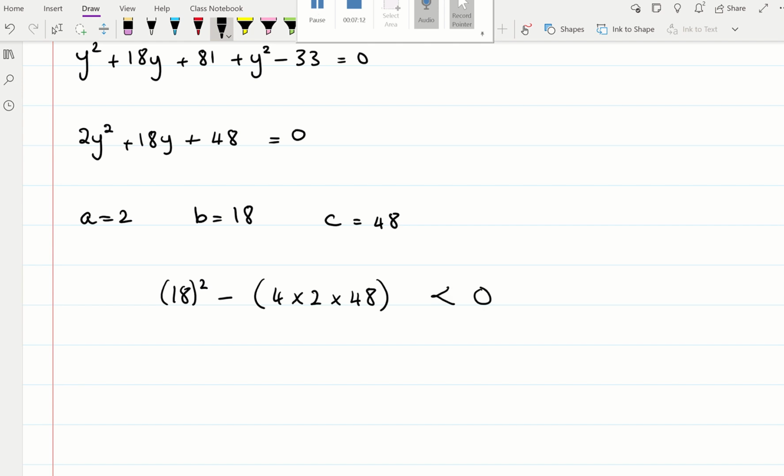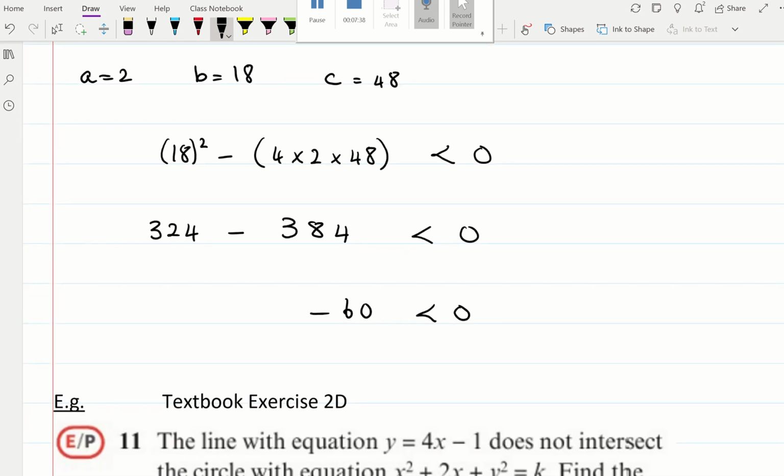Is it going to be a negative number? 18 squared is 324. 4 times 2 times 48, and I'm showing all the workings. Well, it is indeed, you can see straight away, 324 minus 384 is negative 60, and negative 60 is definitely smaller than 0.